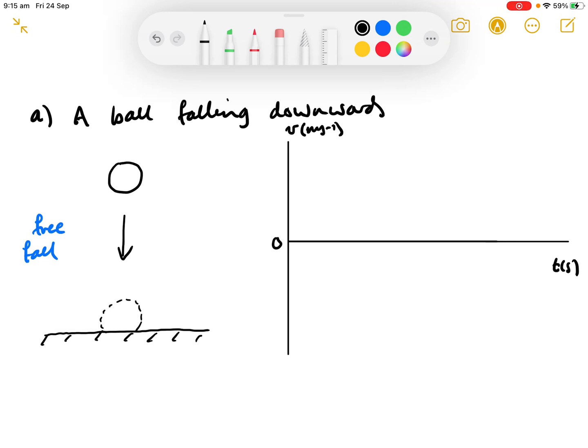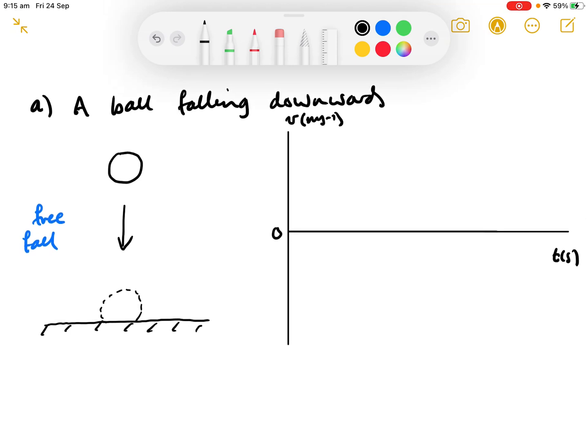Okay. Well, in this particular case, the ball is dropped from rest. Perhaps we should put that in. It's at rest initially. And if it's at rest initially, then obviously the initial velocity is 0. So our graph begins here.